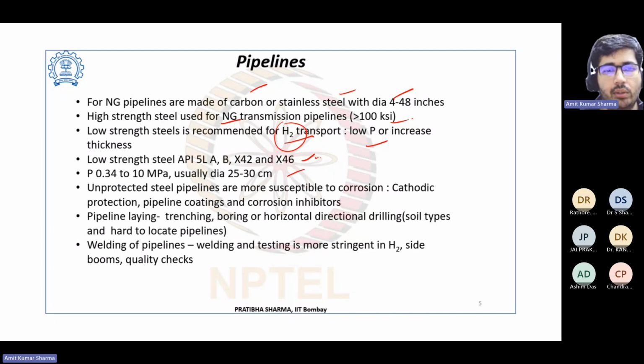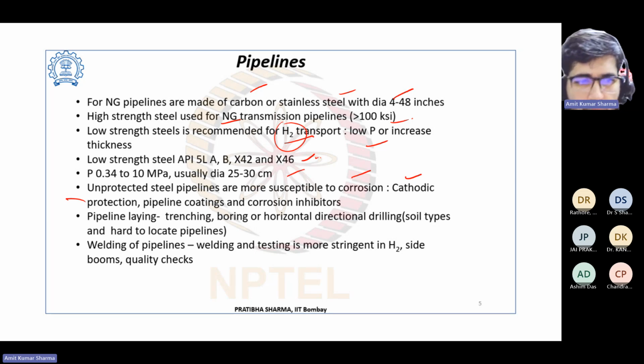Unprotected steel pipelines are more susceptible to corrosion, so we have cathodic protection. It's very important, because your pipeline is buried underground and it will be corroded. With this system, a separate sacrificial material will be corroded instead of the pipeline.